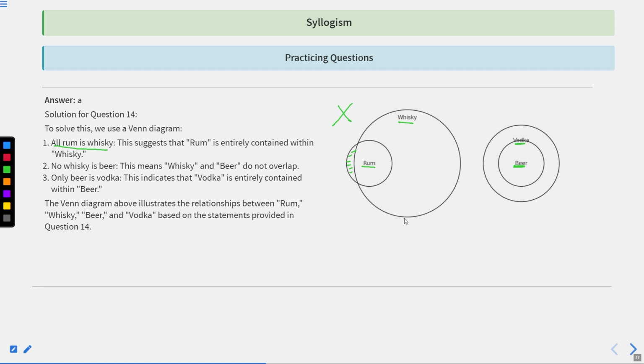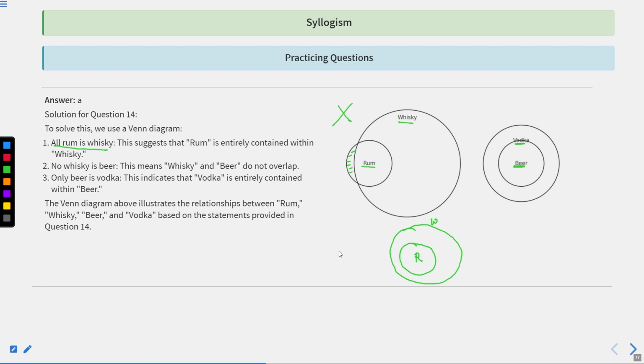What would have been the correct Venn diagram for this particular statement is that there should be a circle which is going to represent rum, and then there should be a bigger circle which should contain the rum and which is whiskey. So this should be the correct Venn diagram for statement number 1.